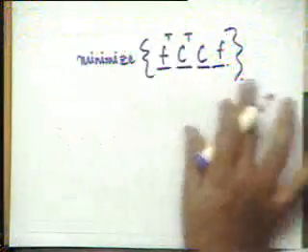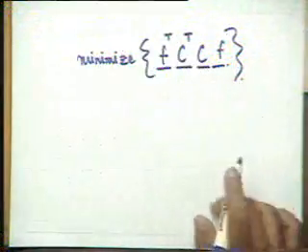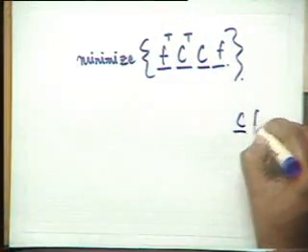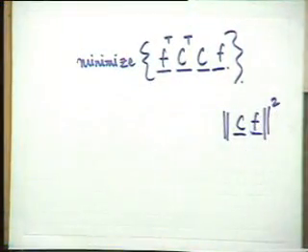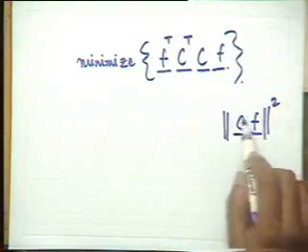Since C is a block circulant matrix, you can easily verify that this reduces to minimization of the expression ||Cf|| squared.